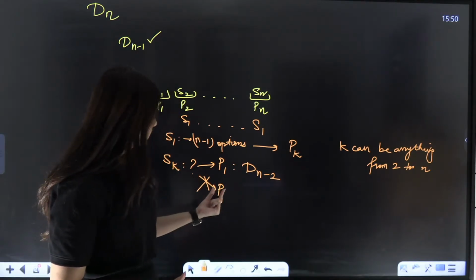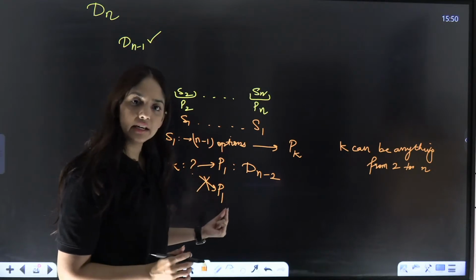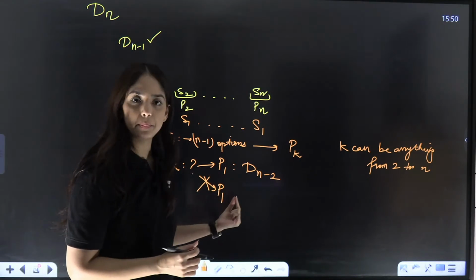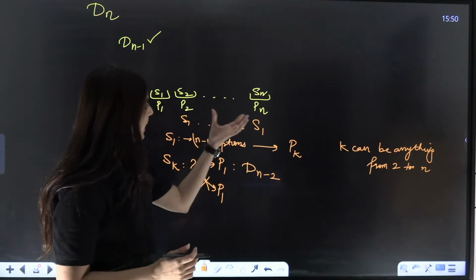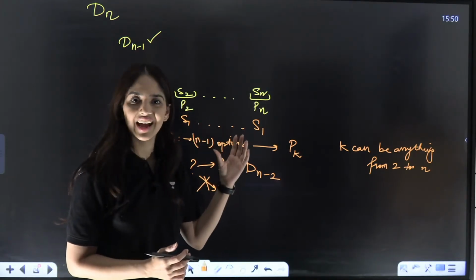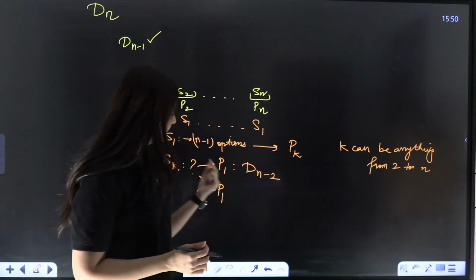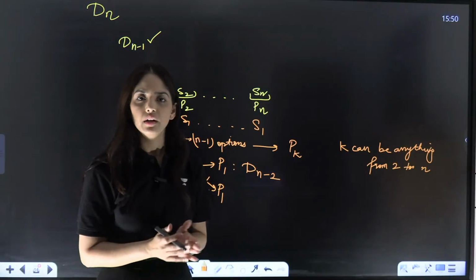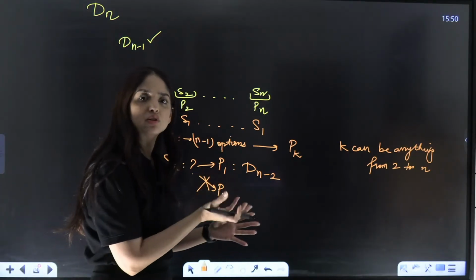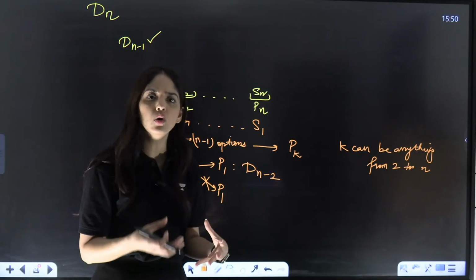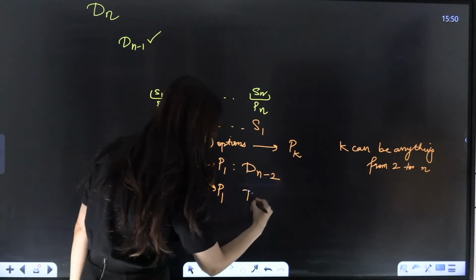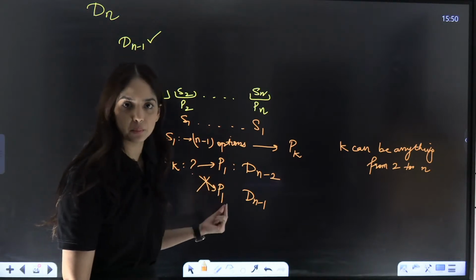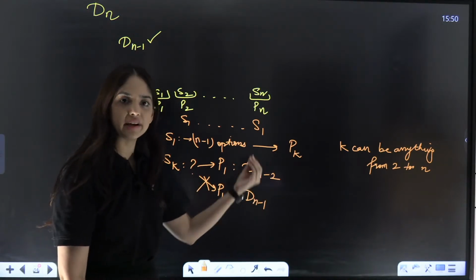Now in this case, when Sk does not go sit at P1, that means I have n minus 1 positions and n minus 1 objects, and Sk cannot go to P1 and the remaining cannot go to their original. Let's say if P1 was its original position, then it's very similar to our n minus 1 derangement, that Sk cannot go to a specific position, the remaining cannot go to their specific positions.